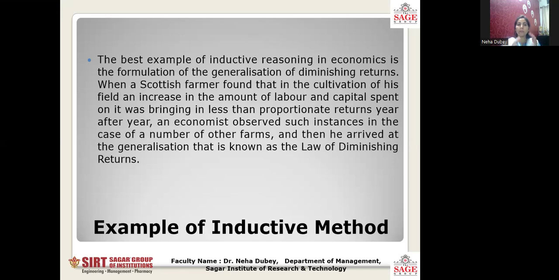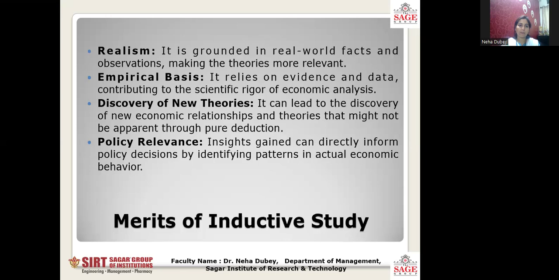That means the Scottish farmer performed a certain experiment, where he observed that he is increasing the amount of labor and capital for bringing more output or yield, but year after year it is decreasing. So we can say that the law of diminishing returns, which you have studied in economics, is derived from this particular inductive study.